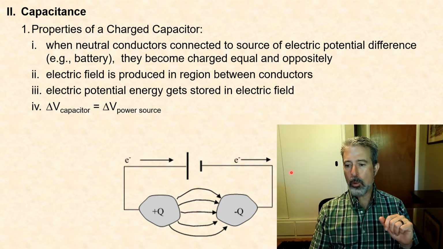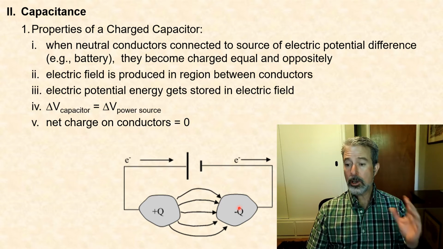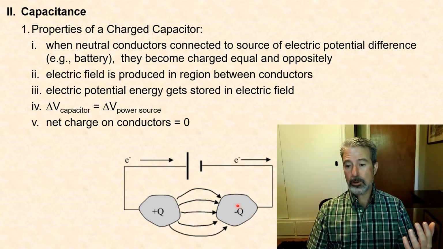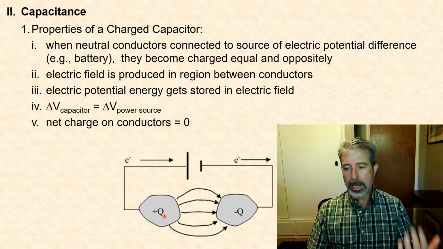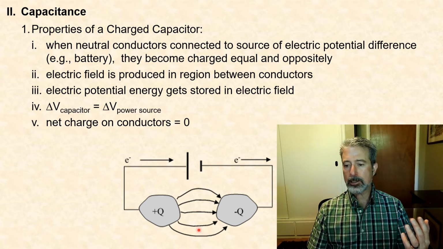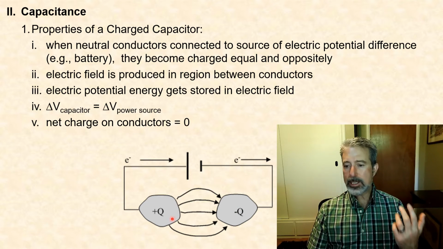And finally, I just want to make a point that while each of these conductors becomes equally and oppositely charged, when you look at the net charge, the net charge is zero. And this is really just a consequence of the law of conservation of charge. We can move charge from one place to another, and essentially that is what's happening here, right? If these conductors start out in an uncharged state, we're basically adding some amount of negative charge to one conductor and removing the same amount of charge from another conductor.